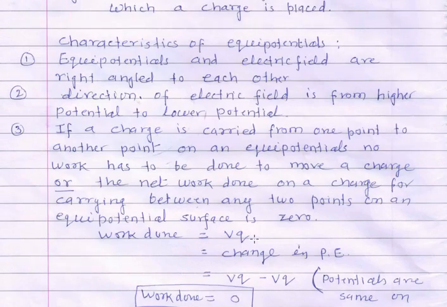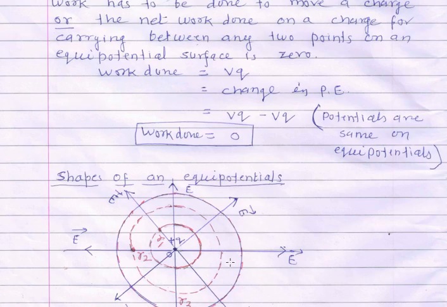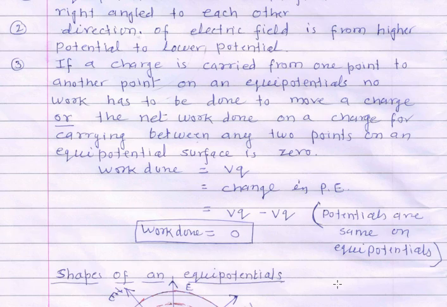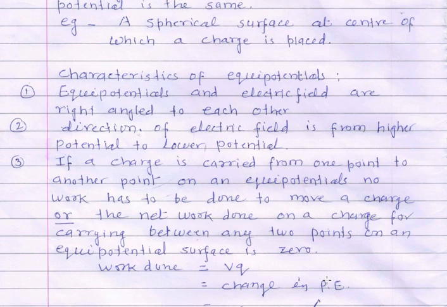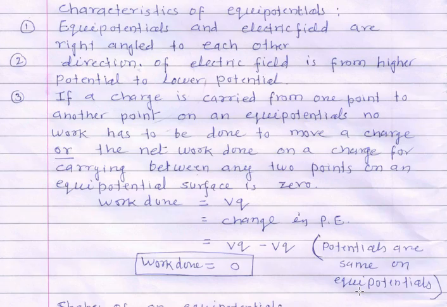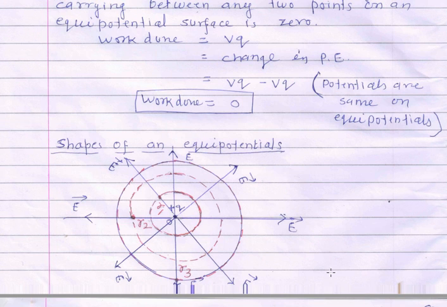And the direction of the electric field is in this direction. So what we can conclude is that the direction of the electric field is from higher potential to lower potential, right? This is for the positive charge.